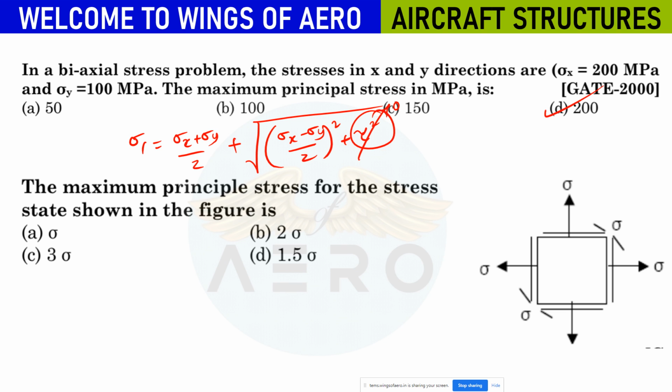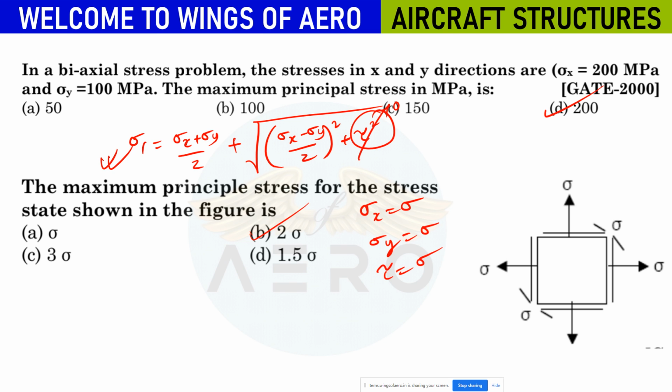Which formula are you using here? The same formula. Yes. So here sigma x equals sigma, sigma y is also sigma, and tau is also sigma. So sigma, ma'am? Just check the answer. I am having 2 sigma.